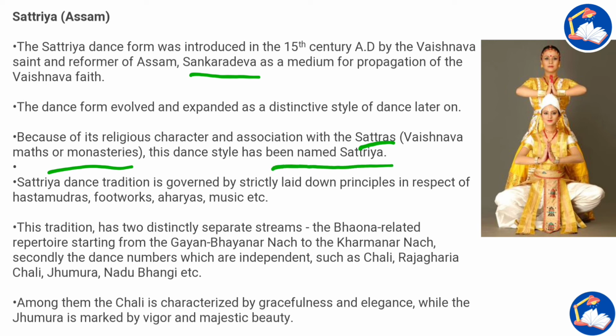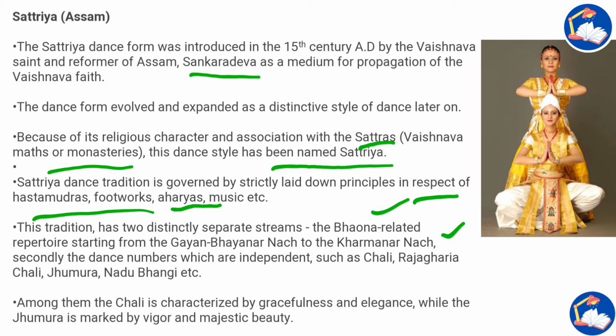The Satriya dance tradition is governed by strictly laid principles in respect of hasta mudras, footwork, aharyas, music, etc. This tradition has two distinct separate streams. The first is Bhaona, starting from Gayan, Bhayana Nach, Kharmana Nach.